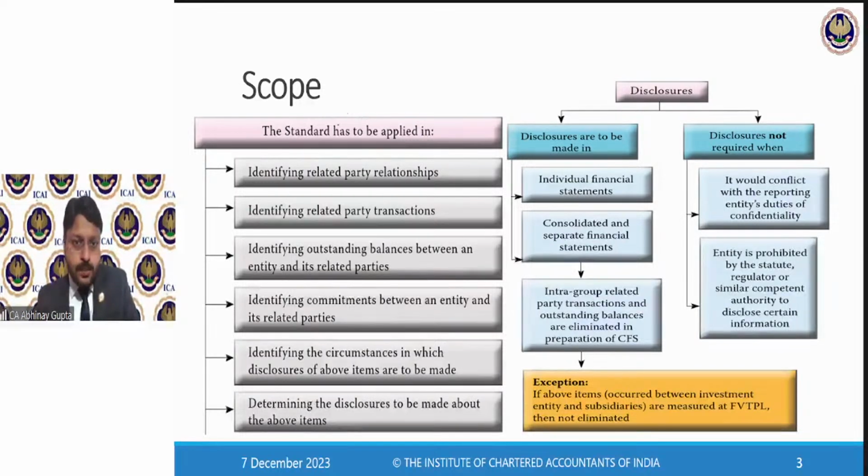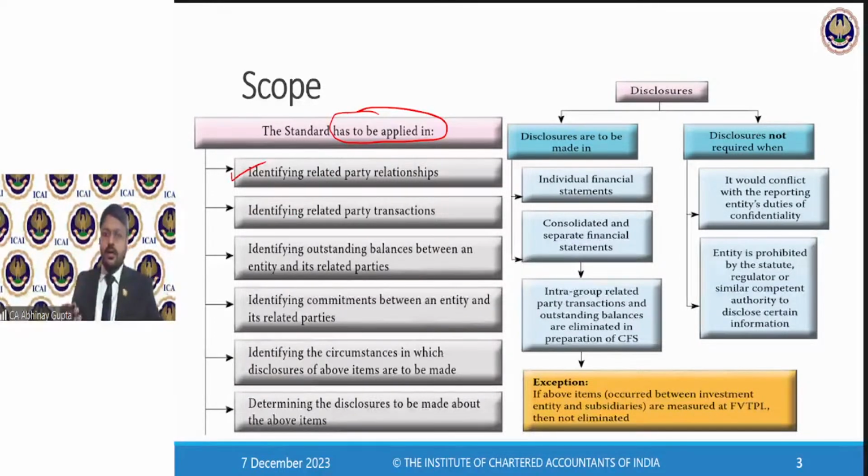So the standard has to be applied in identification of the related parties, right? The standard defines the term related party. Whoever meets the definition of a related party as per this standard will be a related party for the purpose of disclosure, right? All those parties who meet the definition of the related party as per this standard will be regarded as related parties to the reporting entity.